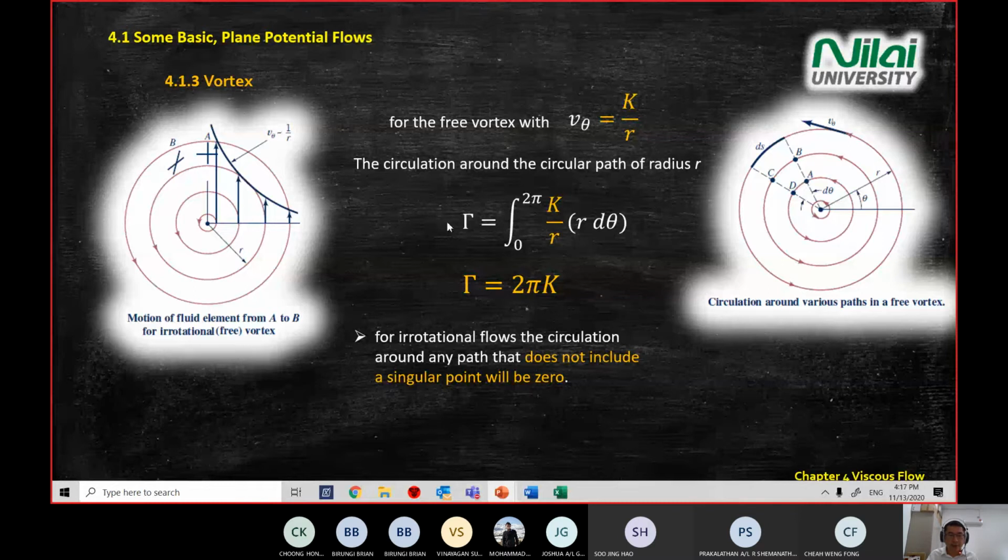So this is another equation for the free vortex circulation.